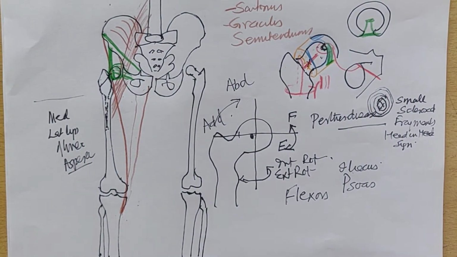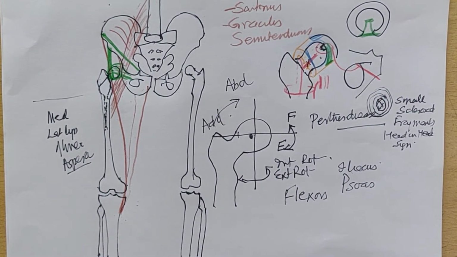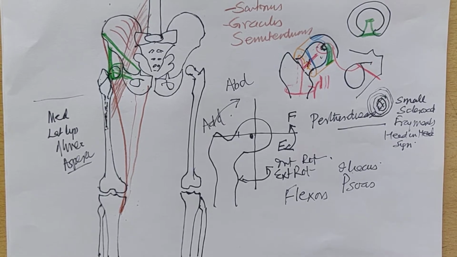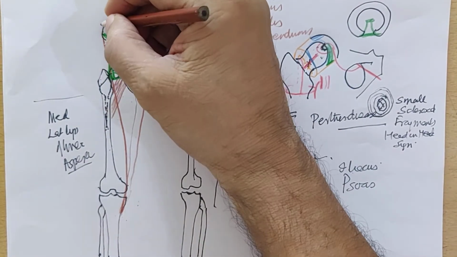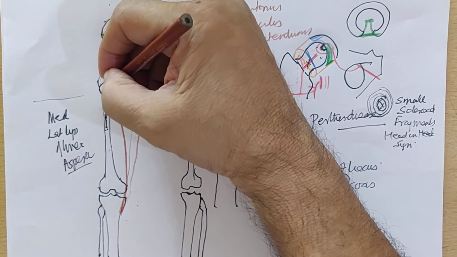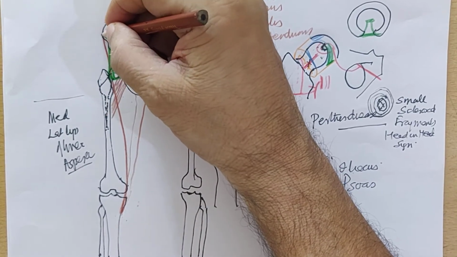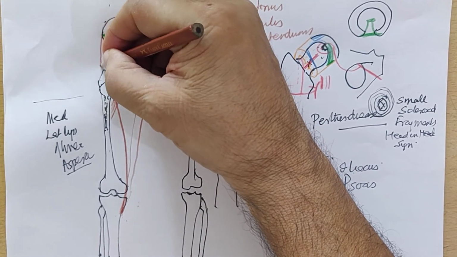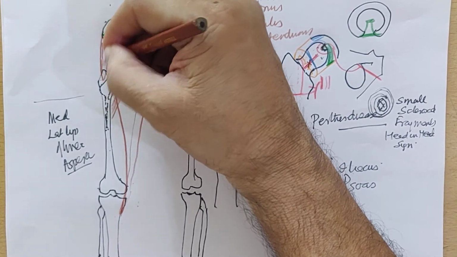So sartorius, iliacus, psoas and pectineus are the major flexors of the hip. Besides this, the abductor also, the outer surface also contributes a flexor, and that is the gluteus minimus.